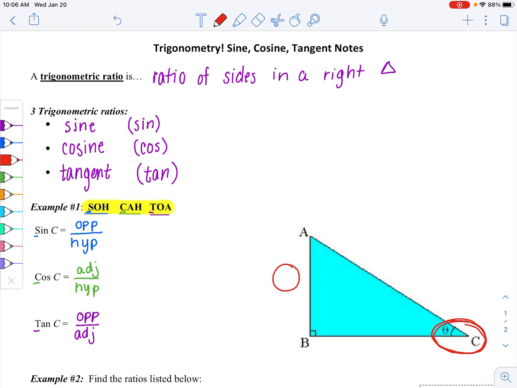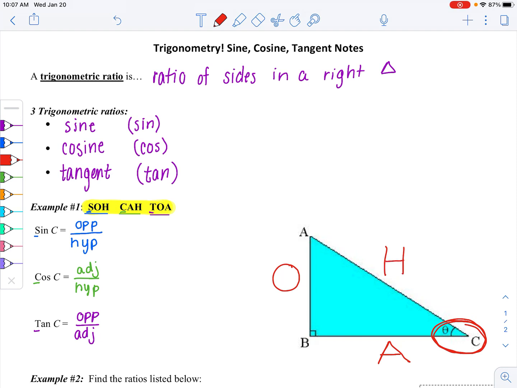The adjacent side is the side touching the angle that is not the hypotenuse. So I'm going to put a big A on this side. Then the hypotenuse, which we have talked about a lot, is across from the 90 degrees. I'm going to label that H.